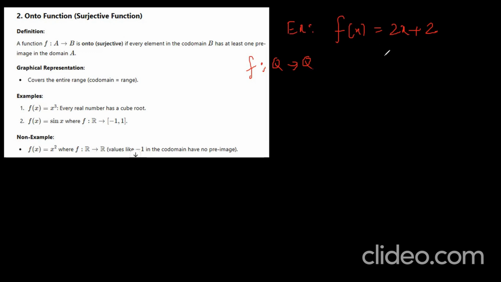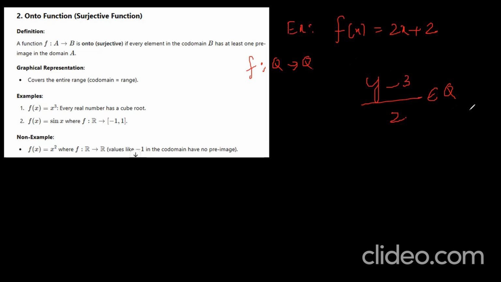Let me check the pre-image. What is the pre-image of y? It is y minus 3 by 2, which belongs to Q. Am I right?